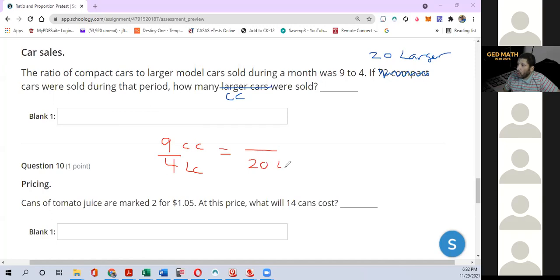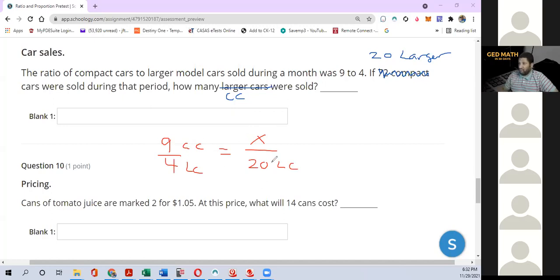On the bottom. Because you're matching up that equal sign. The compact is on top, larger cars is on the bottom. So that means on the other side of the equal, you must have compact on top, larger cars on the bottom. Since we don't know the compact cars, that's what they're asking for. That's the unknown. That gets the variable.